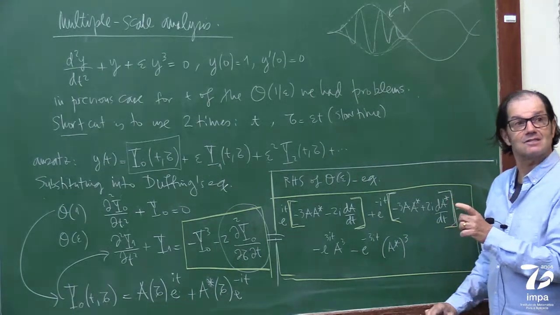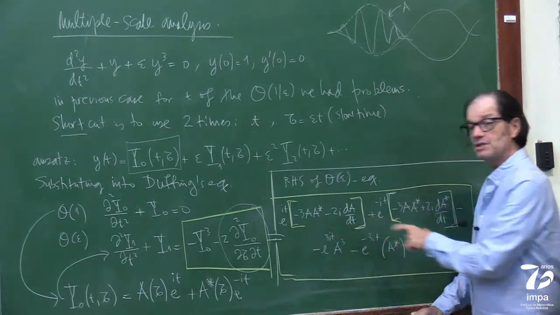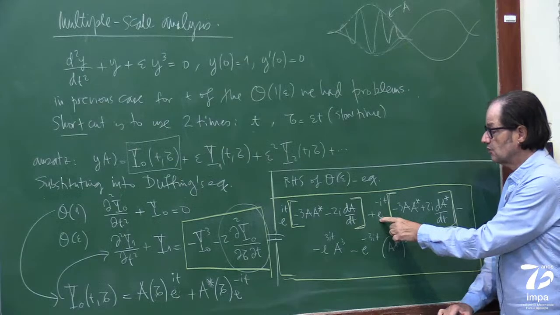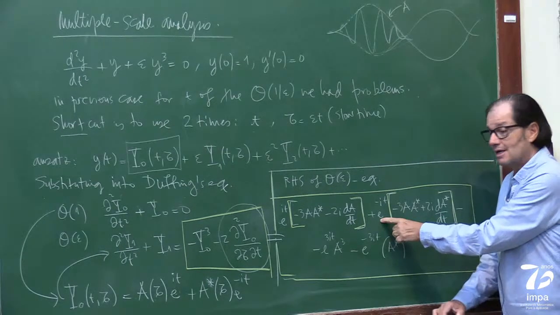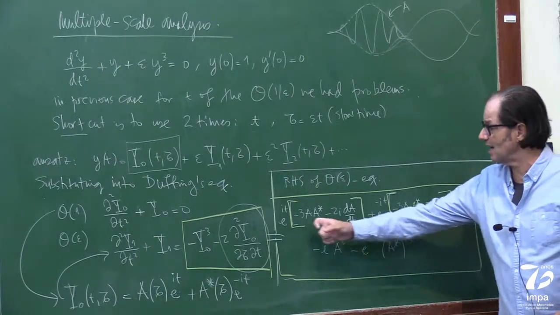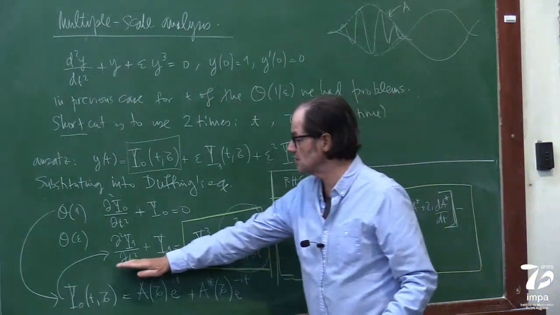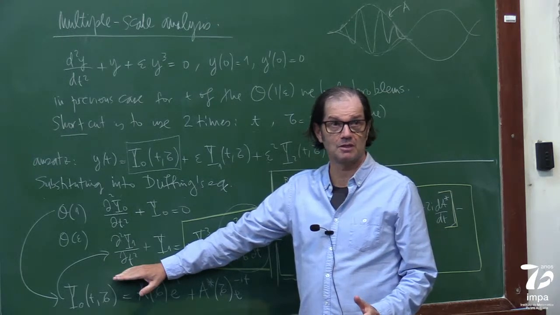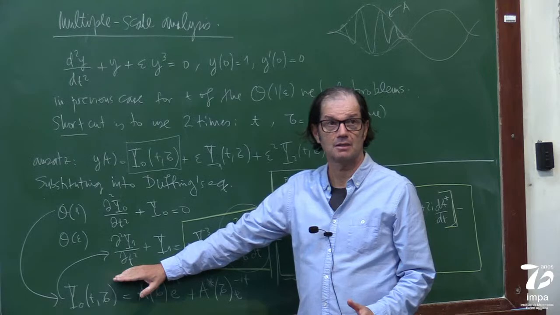If I ask this guy here to be 0, which luckily is the same guy here, I kill this forcing term, I kill this forcing term, which are the secular terms, because these are the guys with the same frequency as the natural frequency. Are you with me? Right?